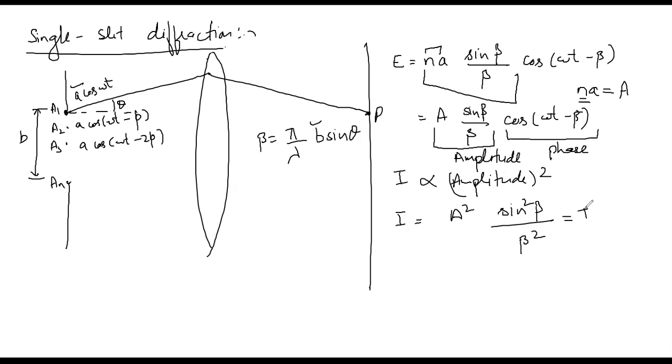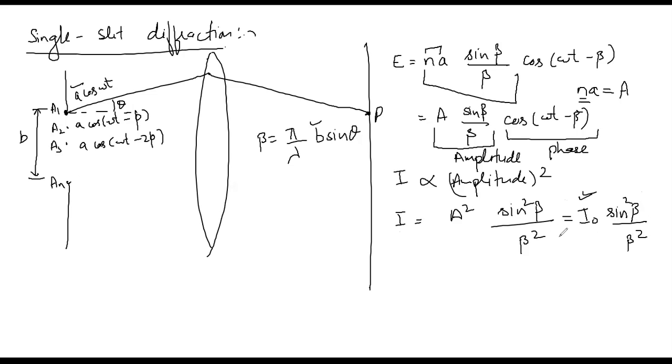I can also call this as I naught sine square beta over beta square, where I naught corresponds to your intensity when your theta becomes equal to 0, or I naught corresponds to the intensity of the central maximum. The reason is that when your theta tends to 0, your sine beta will become equal to beta, and then you have beta square upon beta square, which will cancel each other out.